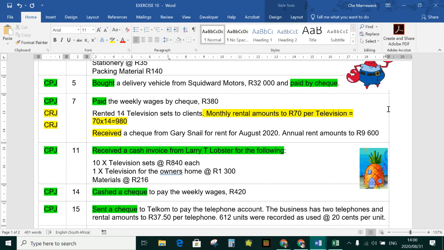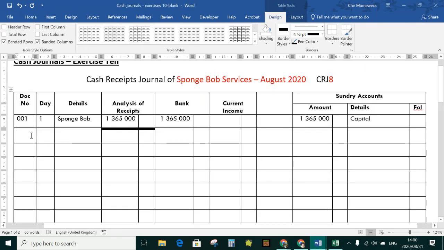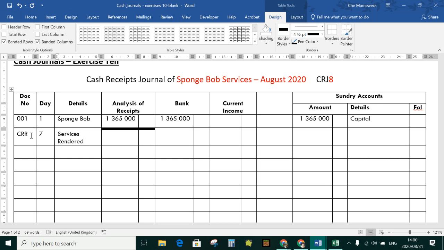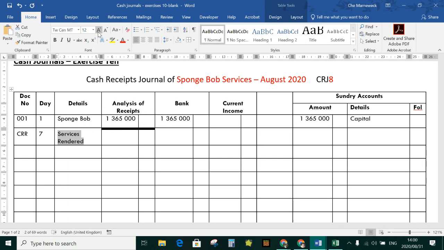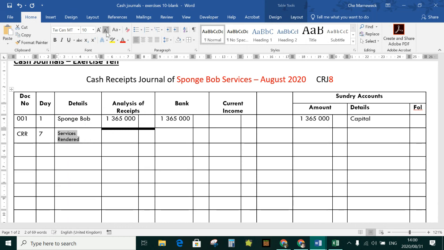Just double check. Yes. So 980 Rand for services that we have rendered. Our document number, CRR, cash register roll, day 7, services rendered.